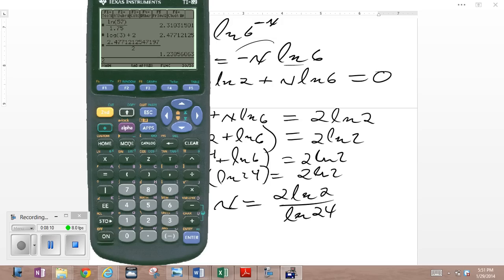2 natural log, here's natural log, 2 natural log of 2, divided by natural log of 24. That equals 0.4362.